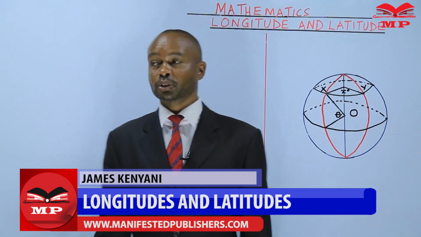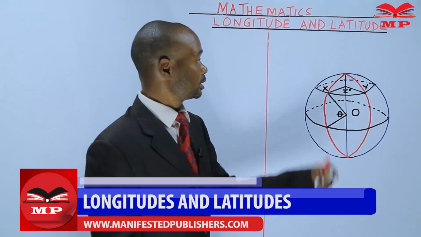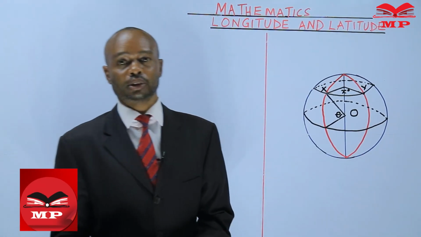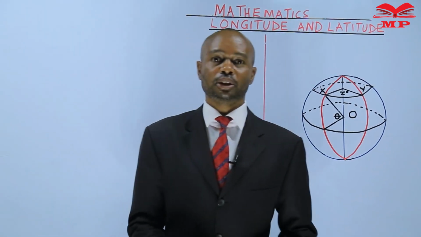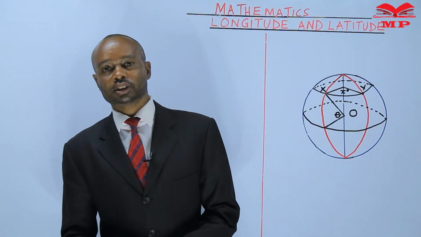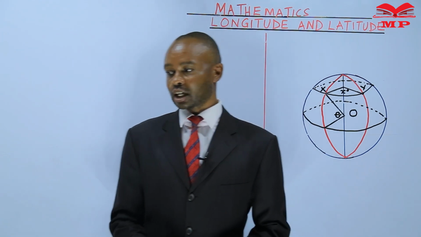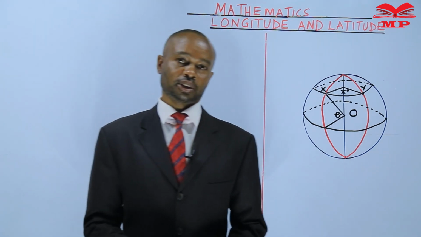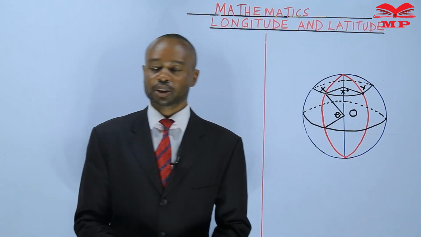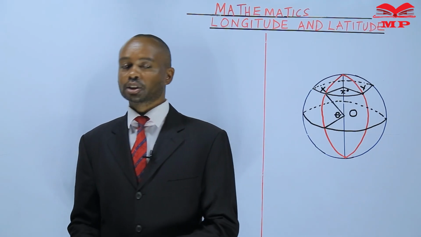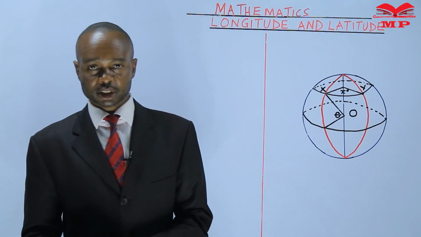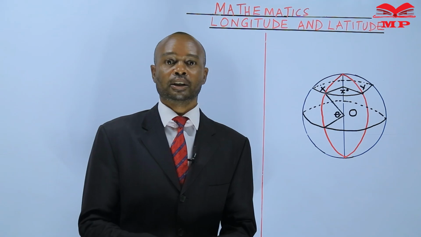We are going to continue with our topic, longitude and latitude. Today in this lesson we are going to look at distances between two places on a circle of latitude.